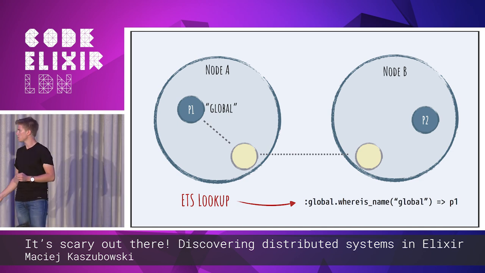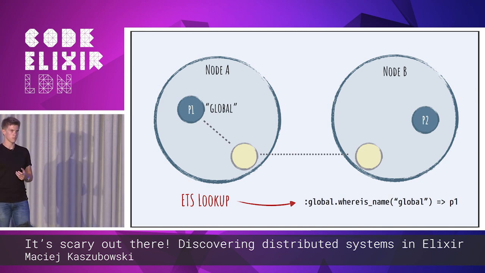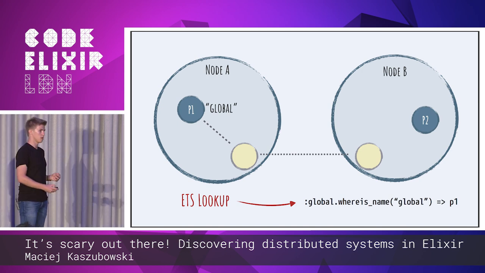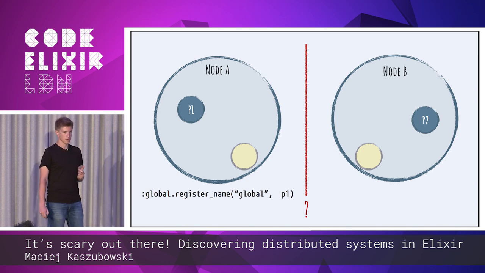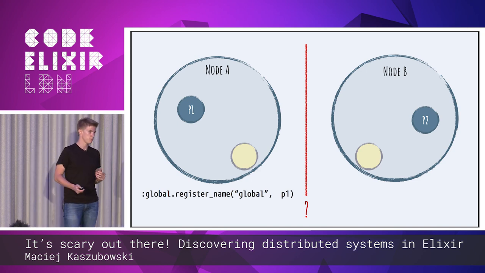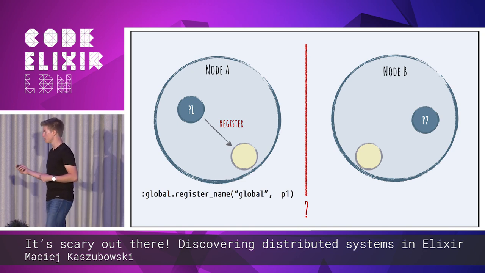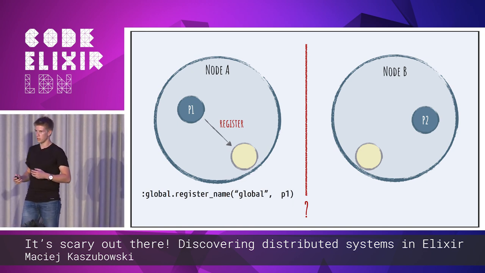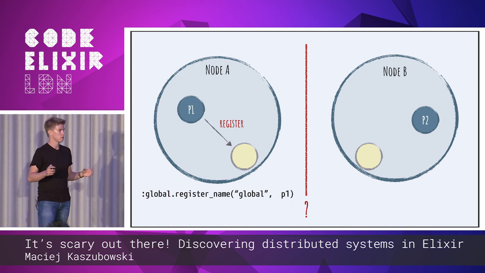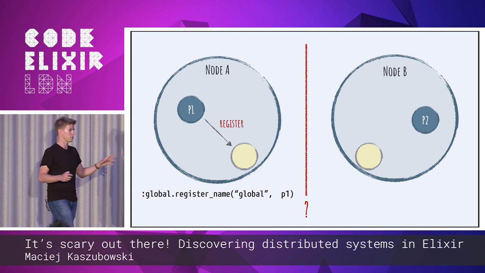So it's all fine for now, but then bad things may happen, because the network can be partitioned. When you have a network partition and you want to register a process under some name, and you call global register name, the global name server will check all of the nodes that it knows of and try to do this transaction.